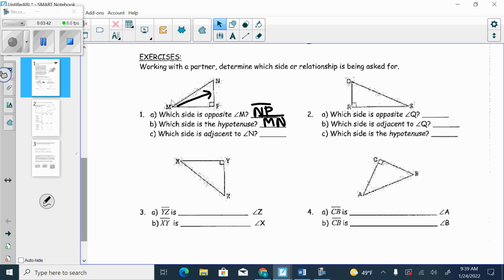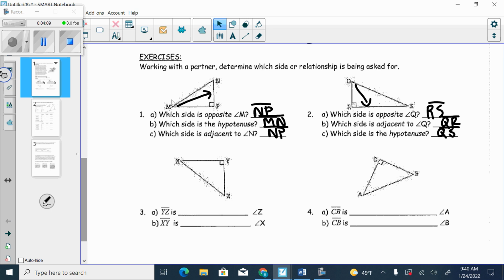In figure 2, which side is opposite of angle Q? And which side is adjacent to angle Q? QR, very good. And what's the hypotenuse? Good.